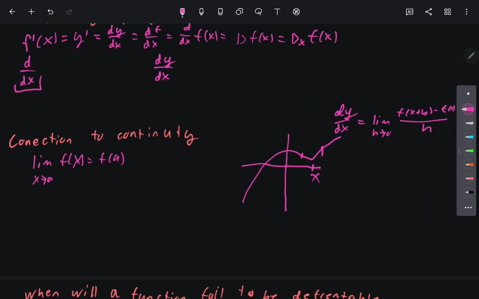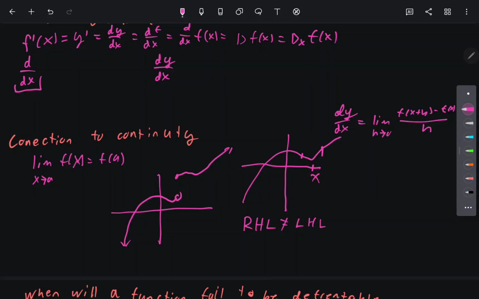If it's not, let me draw another example over here. Let's say that this function somewhat resembles this. If we try to evaluate this limit, the right-hand limit does not equal the left-hand limit.